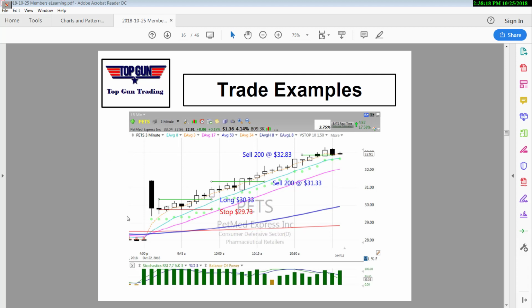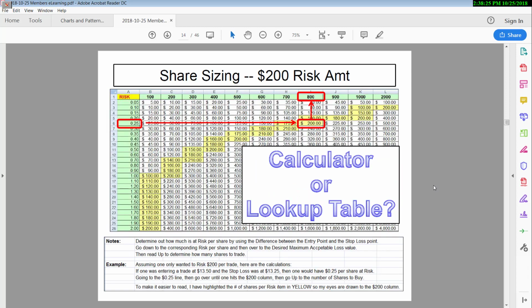Let's go back up. Let's look at our share sizing. If we had 60 cents that we wanted to risk, 60 cents is what the calculation came up with.